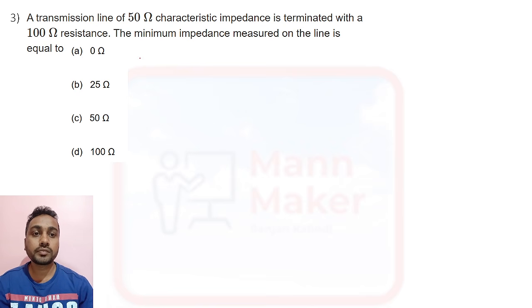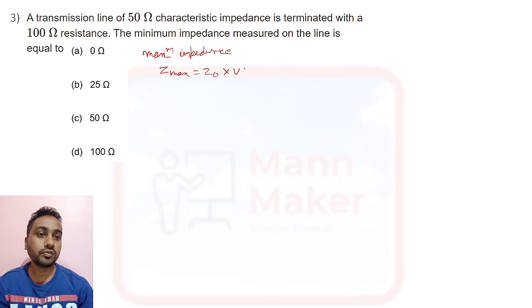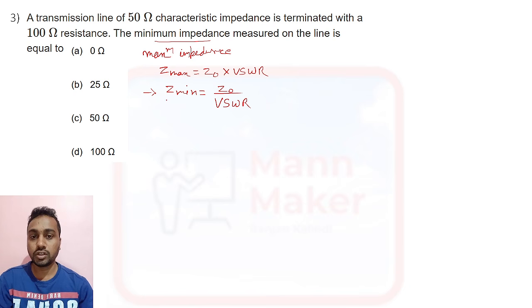For calculation, the maximum impedance, that is Z max, is equal to Z naught into VSWR, and the minimum impedance, that is Z min, is equal to Z naught divided by VSWR. So here we need to find the minimum impedance, that is Z min, we need to calculate.